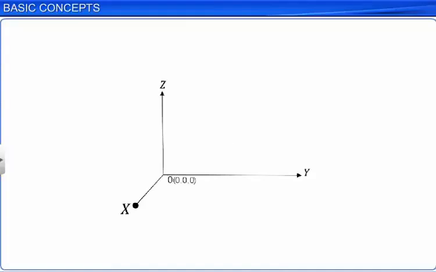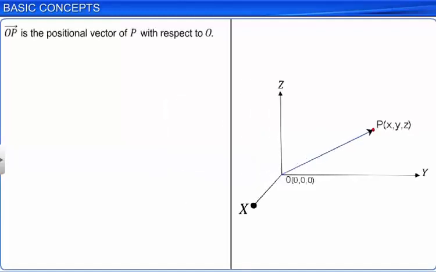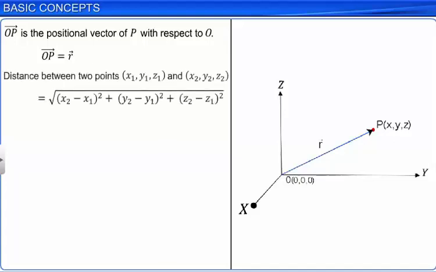Now consider a point P in a three-dimensional coordinate system. Vector OP, with its initial point at the origin and its terminal point at P, is called the position vector of point P with respect to the origin. The position vector of point P with respect to the origin can also be represented as vector r. As shown, you know the distance formula to find the distance between two given points in a three-dimensional space.